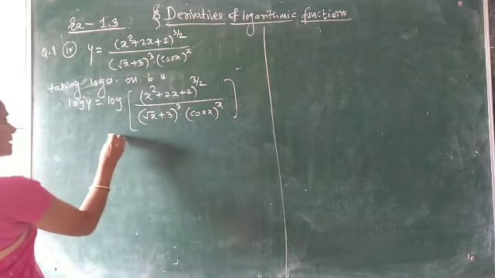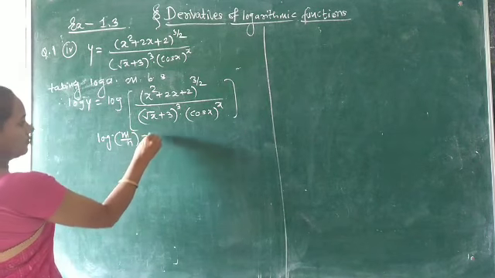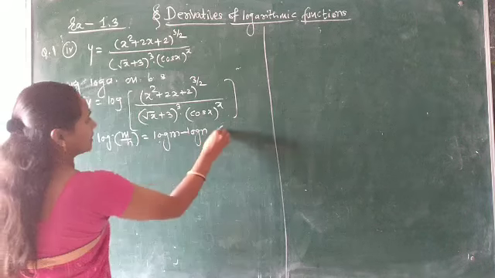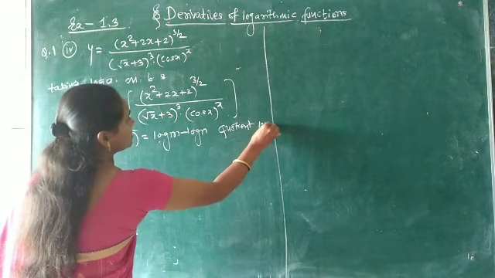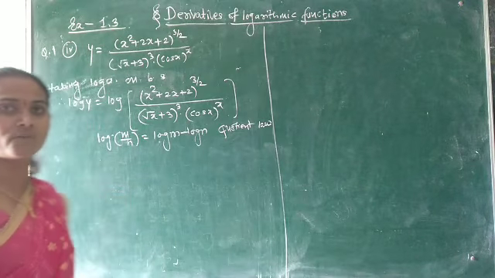Now look, this is in the form of log of m upon n, that is log m minus log n, which is called the quotient law of logarithm. In the last lecture we saw these three laws: quotient law, product law and exponent law of logarithm.